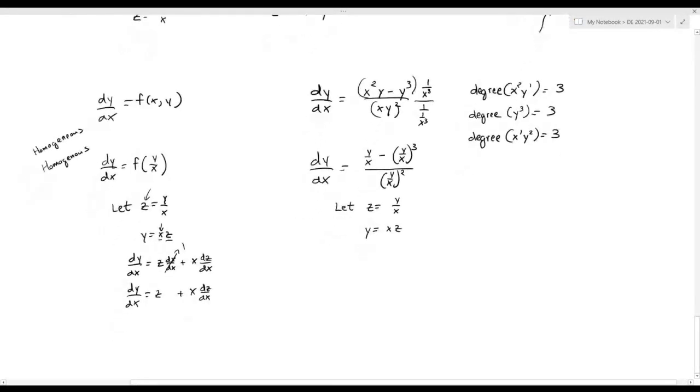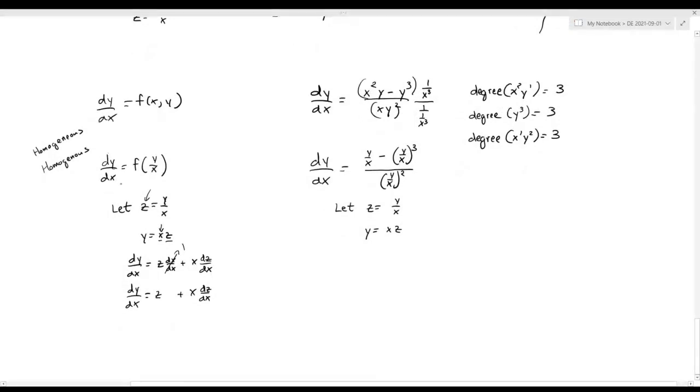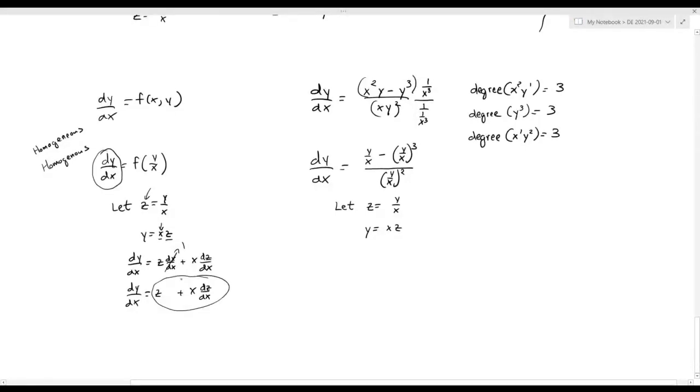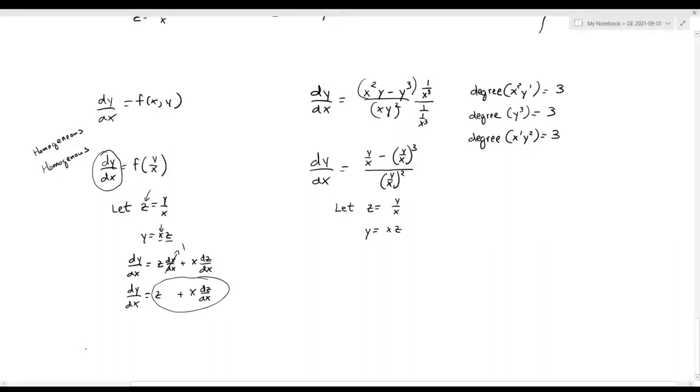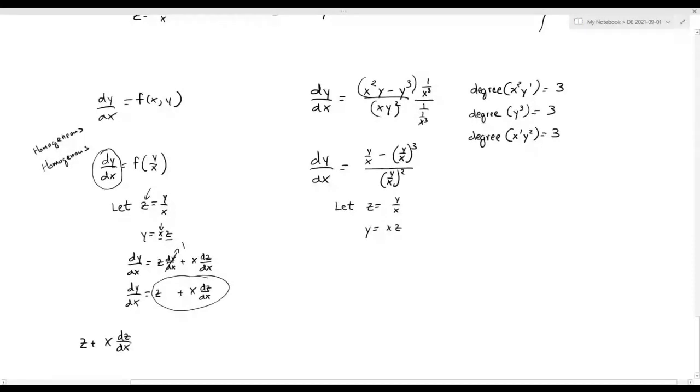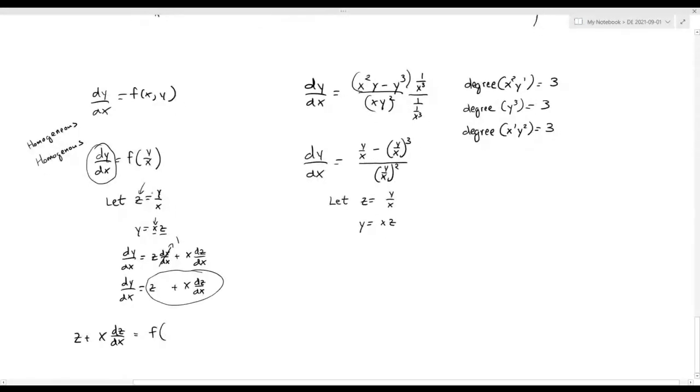Okay. Great. So now we would complete the substitution. On the left-hand side, we have dy dx. So dy dx on the left will become z plus x times the derivative of z with respect to x. Now on the right-hand side, we simply replace y over x with z.